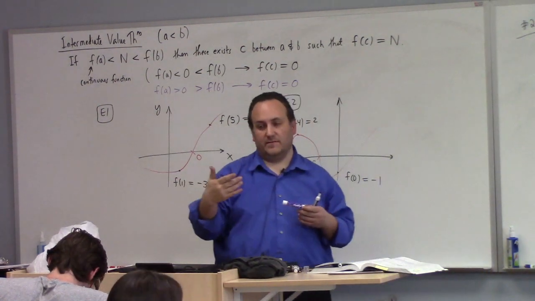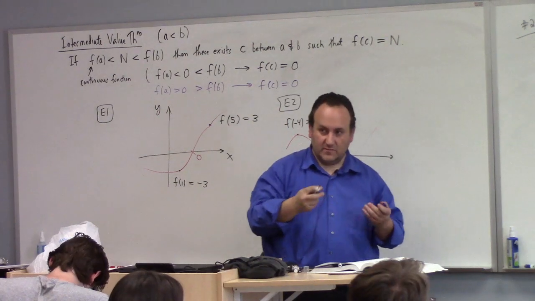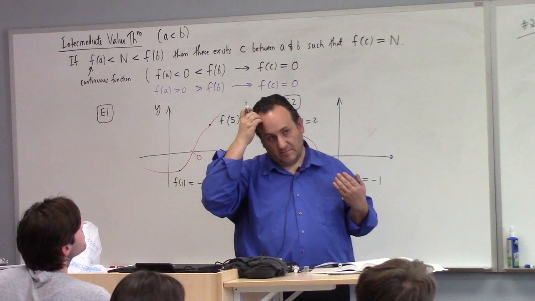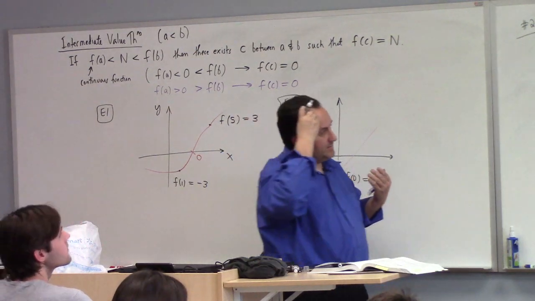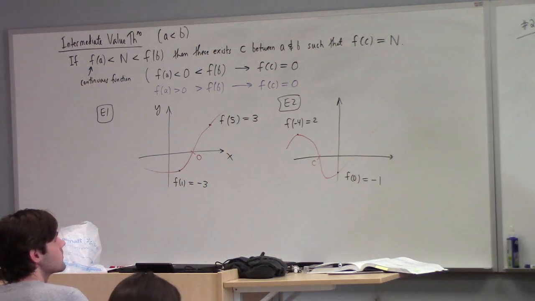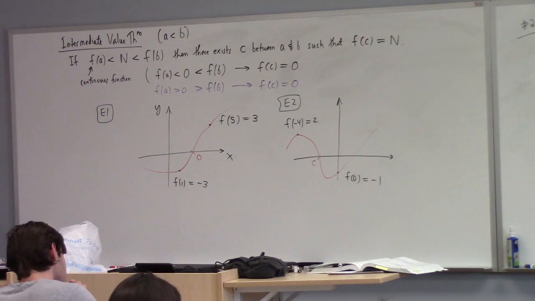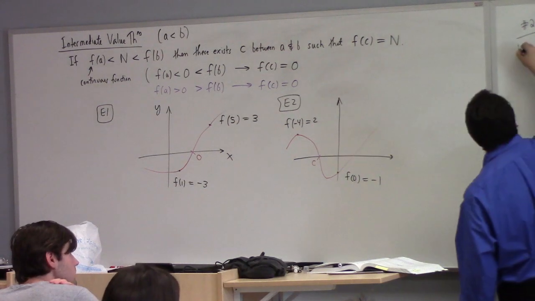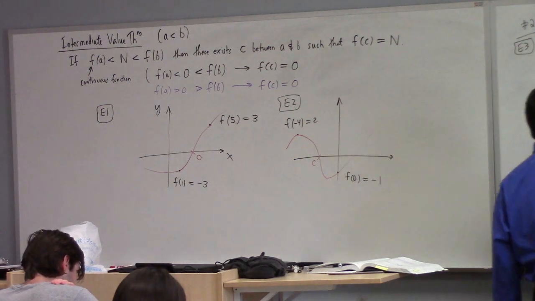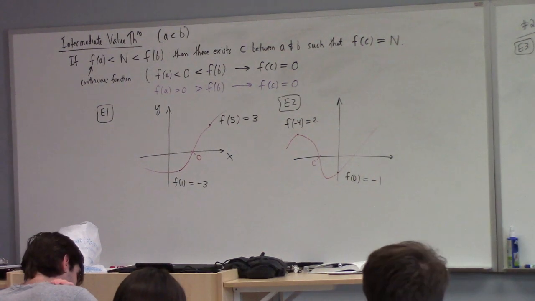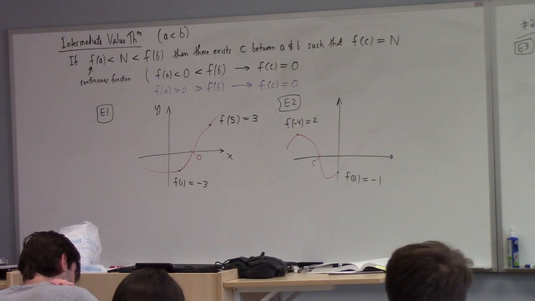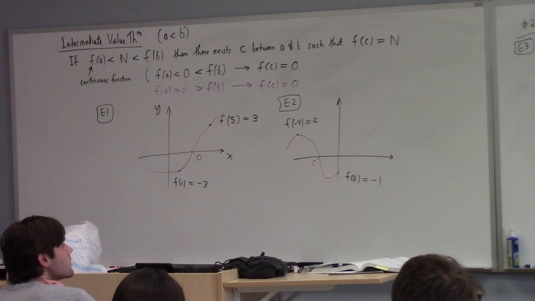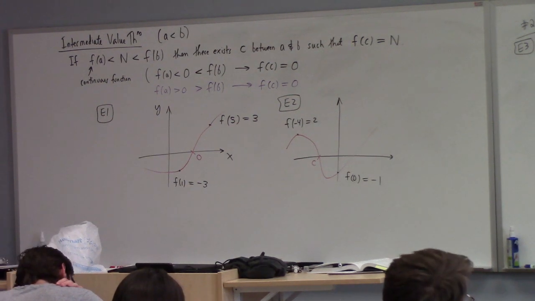I'm not saying that the zeros always have to be rational, because not every polynomial has rational roots. For example, example 4, we could look at f of x equals x squared minus 2, right?